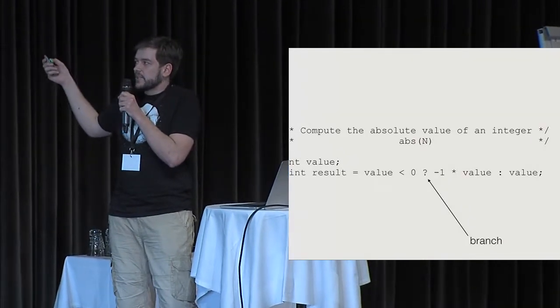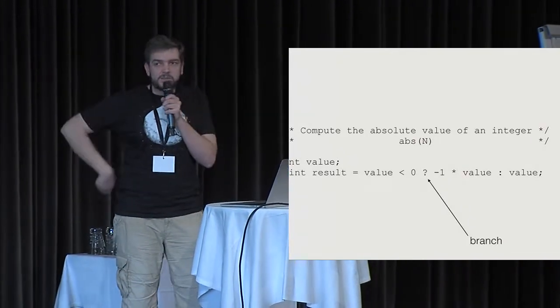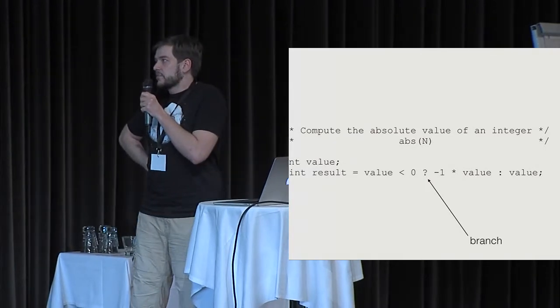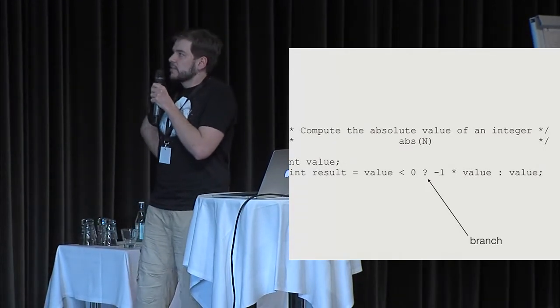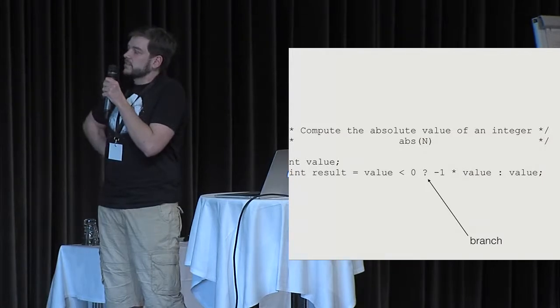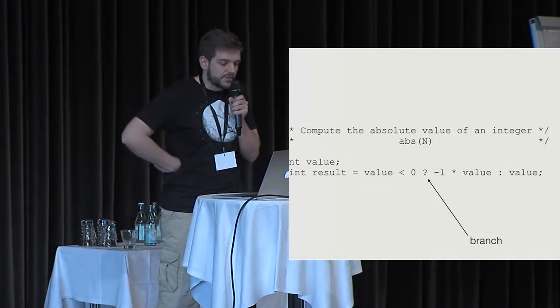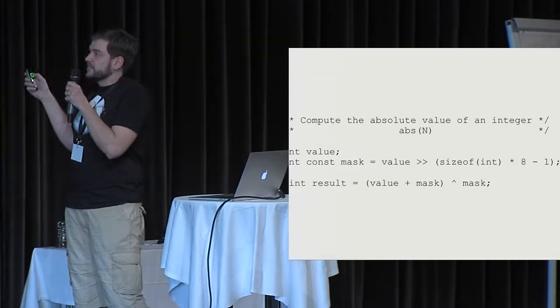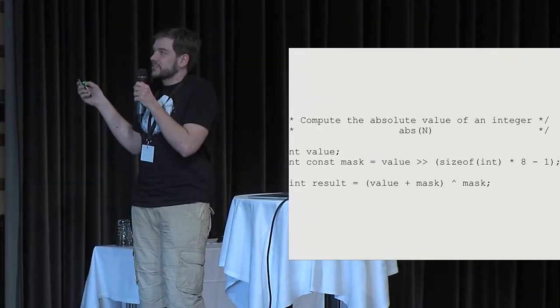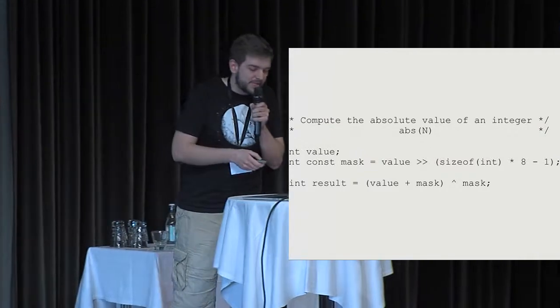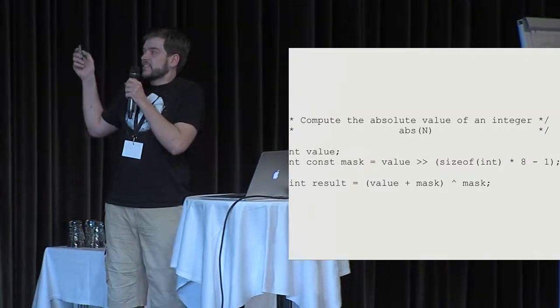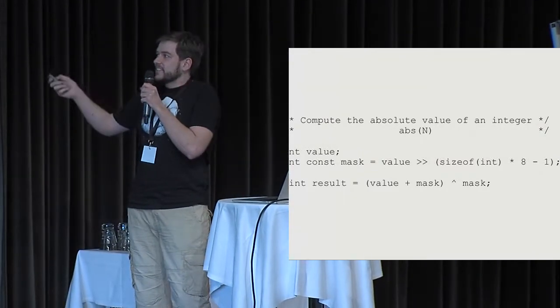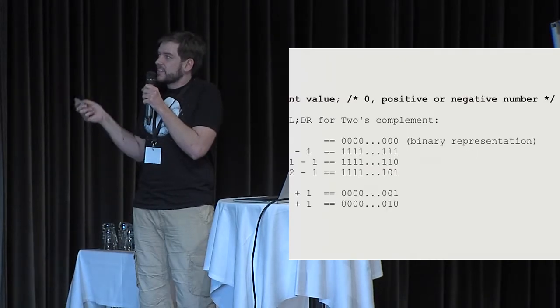So this is the same way that you would do it if you're not using some kind of standard library, of course. So you have one conditional branch, which will check if it is a negative or positive number and change it. Or you can do it in a slightly weirder way without conditional branches and a lot of bitwise arithmetic. So let's do it the weirdest way, and let's see how it works.